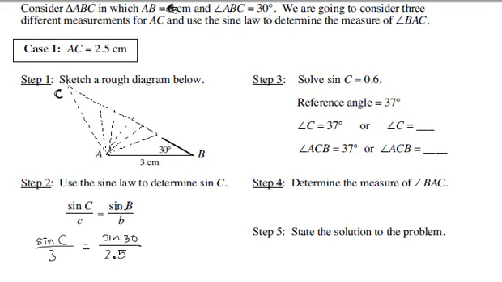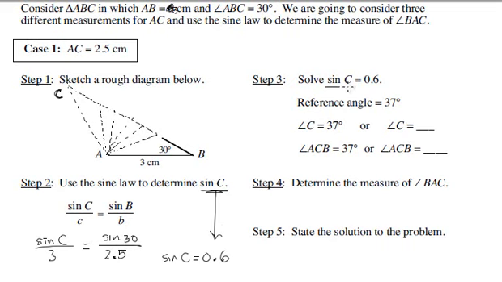So if you solve that for angle C, you end up going 3 times sine 30 divided by 2.5. What you get out of that is that sine C is 0.6. Notice here they said solve for sine C. They just want you to do this one step and make sure you got the correct answer.